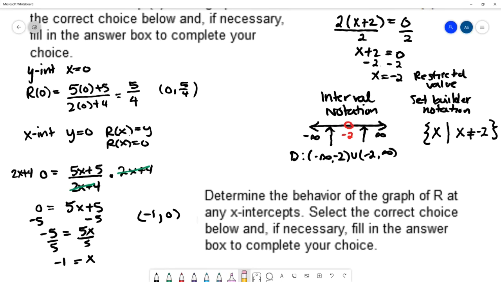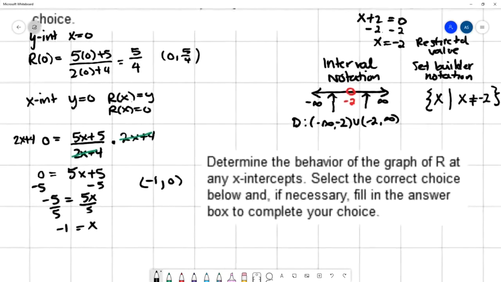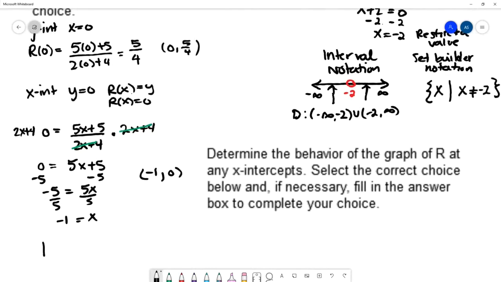And we do that by taking a look at our rational function. So this rational function, remember, is r of x equal to 5x plus 5 over 2x plus 4. We wrote that in factored form as 5 times x plus 1 over 2 times x plus 2.